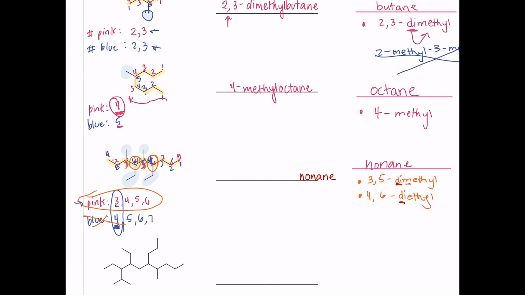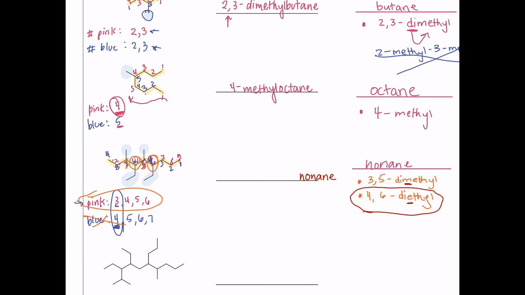So we're going to look at M versus E. What comes first in the alphabet, M or E? Well, E does. So 4,6-diethyl is going to be listed first, because E comes before M in the alphabet.